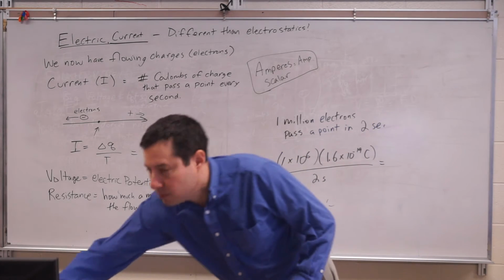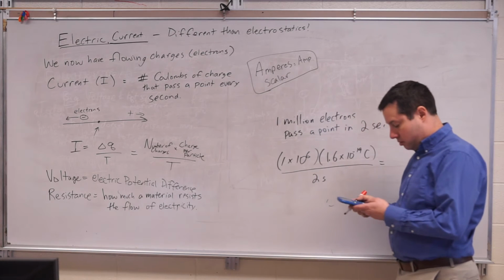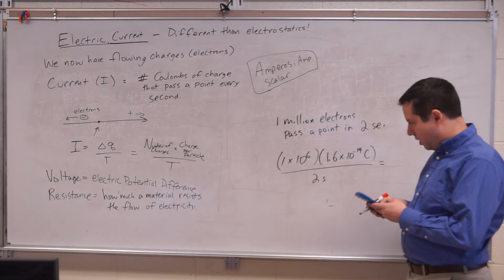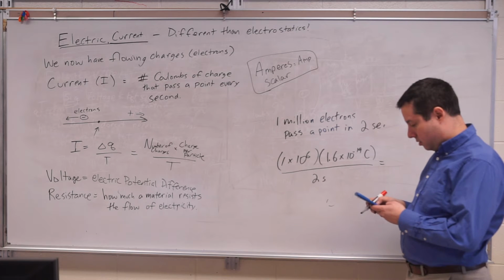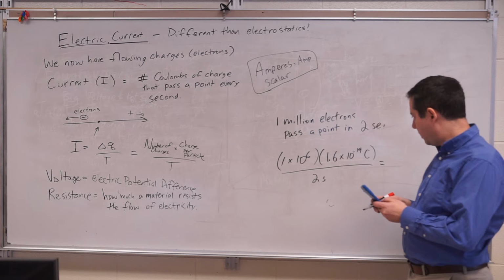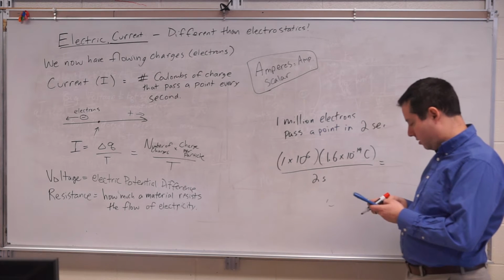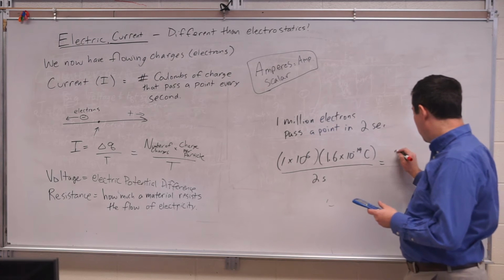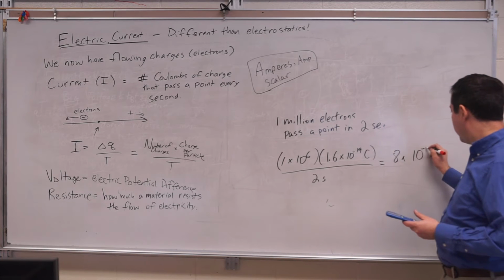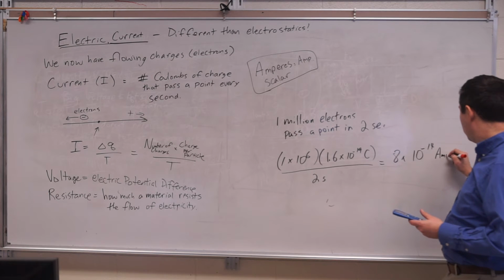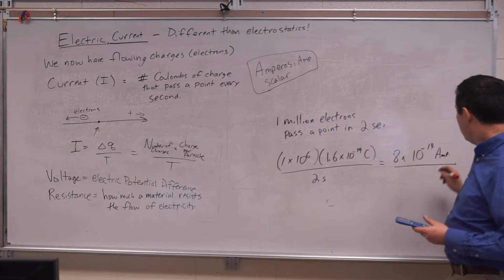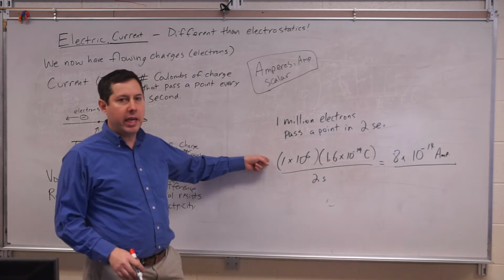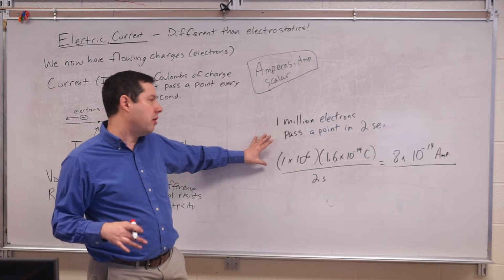We're going to see that this is a pretty small number, but 1e6 times 1.6 times 10 to the negative 19th divided by 2 is going to be 8 times 10 to the negative 14th amperes. So a pretty small number right there, which tells you that even if you have 1 million electrons, that's actually quite a small number of electrons.